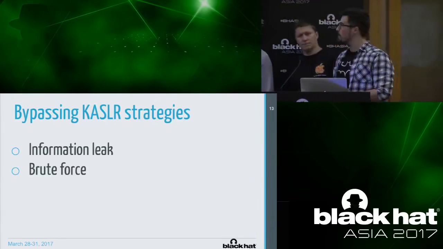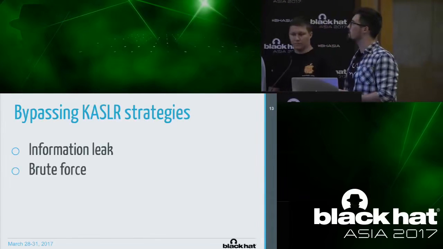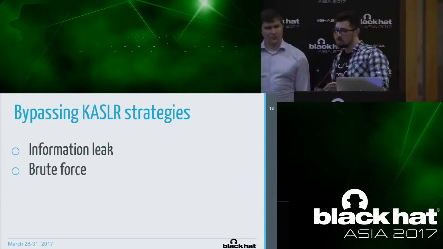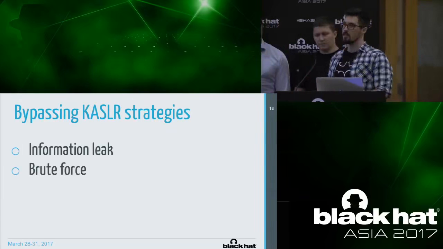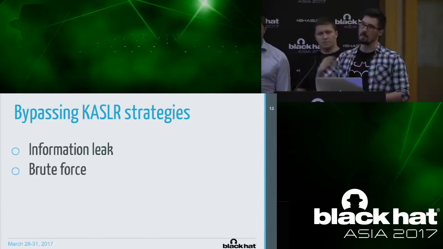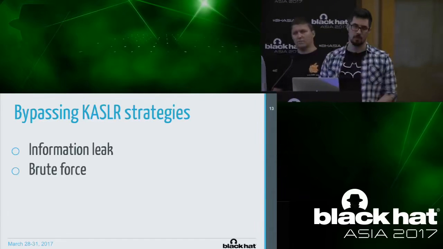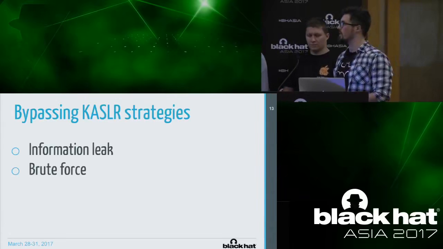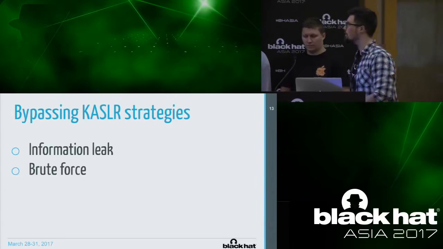A pretty popular way to bypass KASLR is an information leak. The idea is that we can use something like structure size mismatching, and some of the kernel memory will be copied to user mode. And usually one pointer is enough to work out the kernel base address.